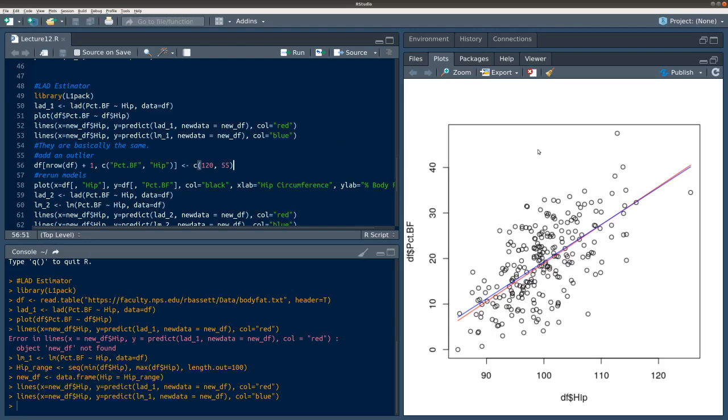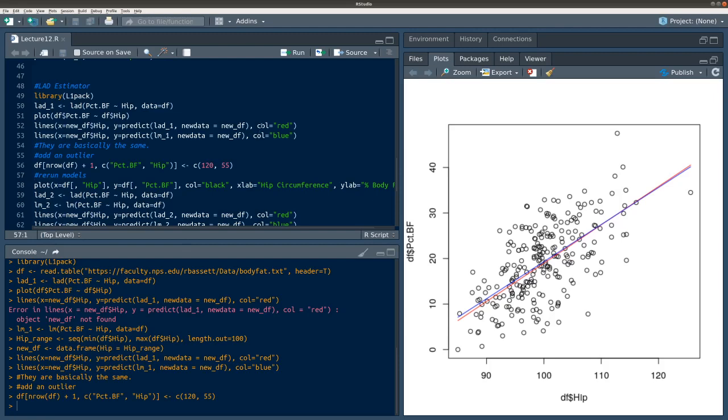And your hip circumference was 55, I don't know, inches? I guess this isn't inches, this is centimeters, because a 55-inch waist is a very, very large waist. Anyways, the point is this data point is nonsensical, and I'm throwing it in to ask: if you had outliers in your data, what happens to the least absolute deviation line?